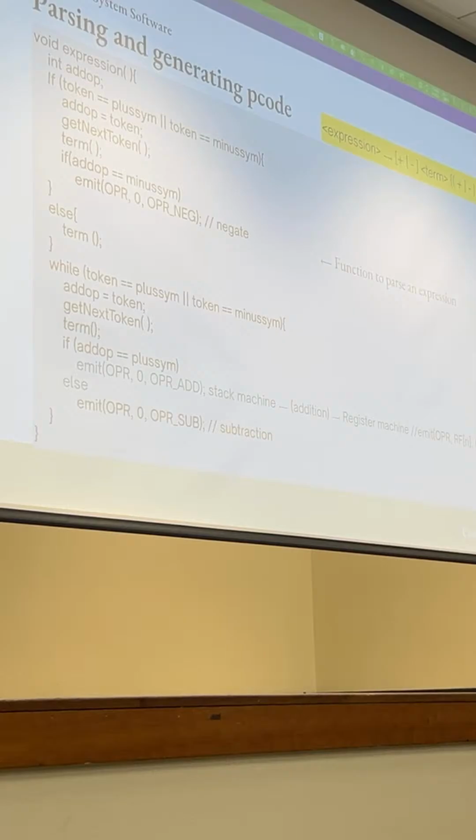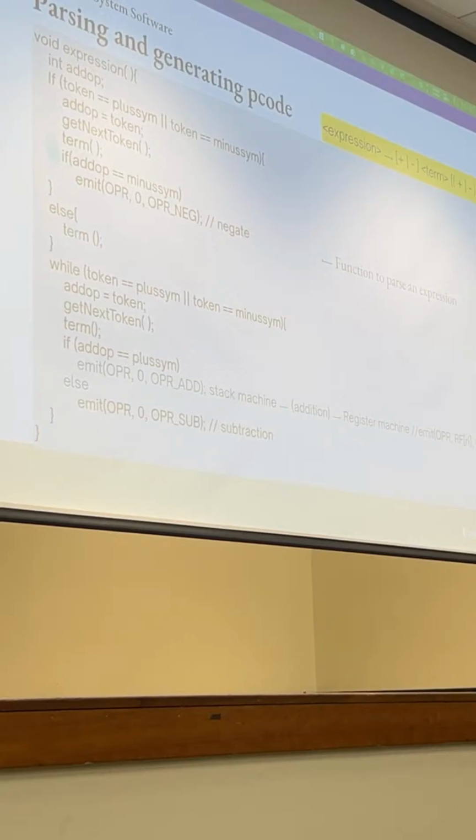Which instructions will depend on this operator. If this operator is a minus symbol, it means we have to generate a negation instruction, which does not exist in your homework 1. So do not generate this part. If you generate this part, it will be an error. Simply, your program does not recognize it.